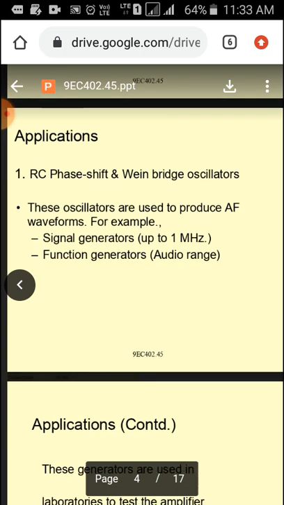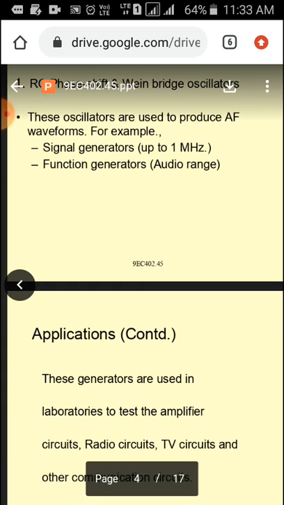RC phase shift and Wien bridge oscillators. These oscillators are used to produce AF waveforms, audio frequency waveforms. For example, signal generators up to 1 megahertz, function generators, audio range.